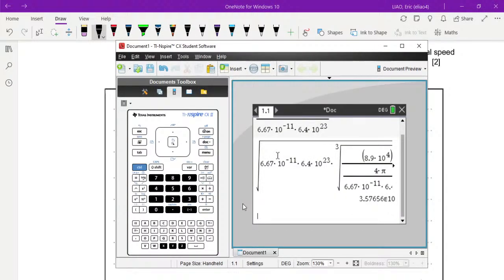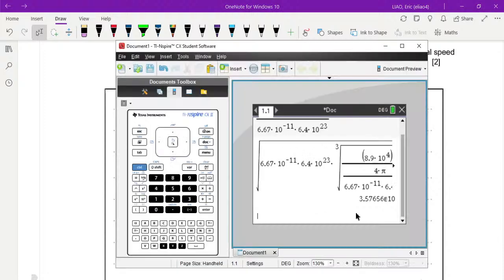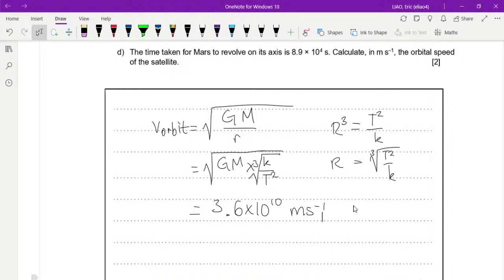Let's go, 3.6. Oh, that's oddly fast. Considering it is faster than the speed of light, one would be worried about the answer given.